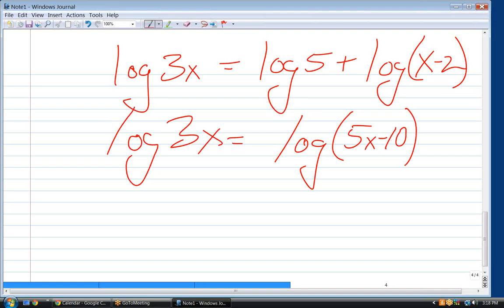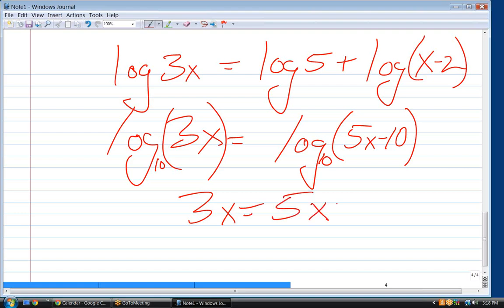Could you raise both sides to 10? Well, you could do that, but it's not necessary. In other words, once you get the log of the same base of something equal to the log of the same base of something else, now you can equate the arguments. If that's a true statement, then 3x has to equal 5x minus 10.